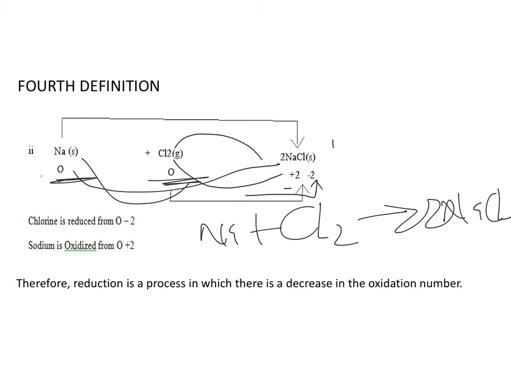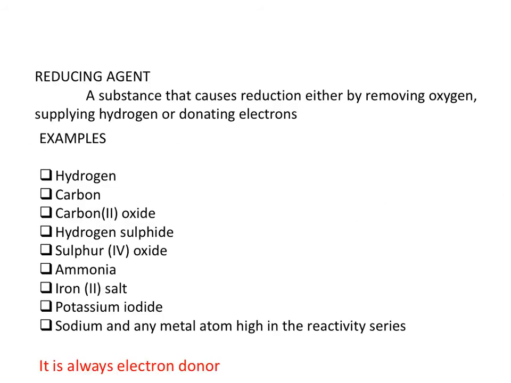Let's now go over to define reducing agents. A reducing agent is a substance that causes reduction, either by removing oxygen, supplying hydrogen, or donating electrons. And you know these are the conditions that give rise to a reduction reaction.